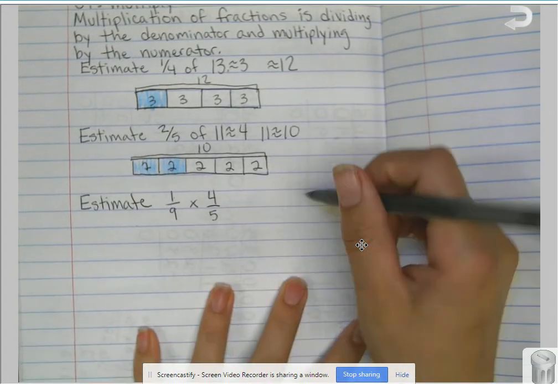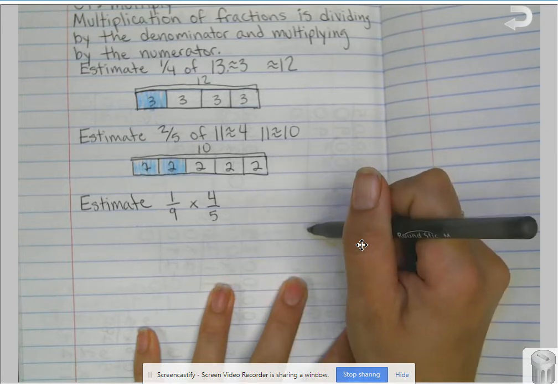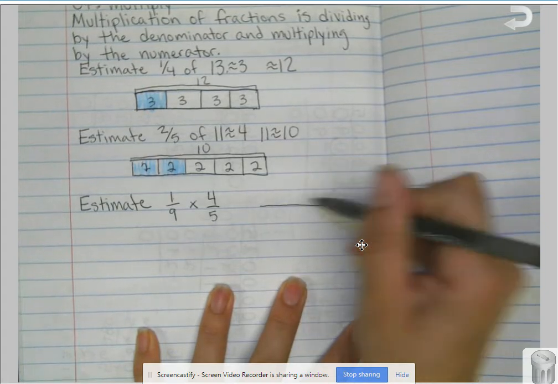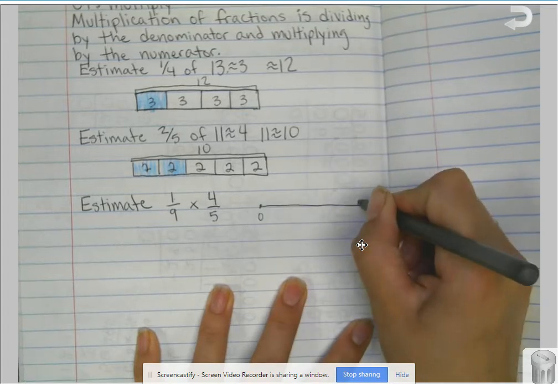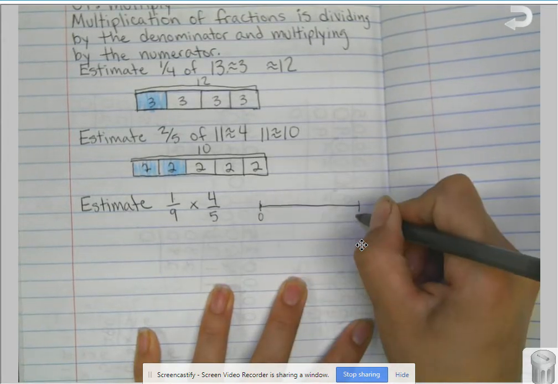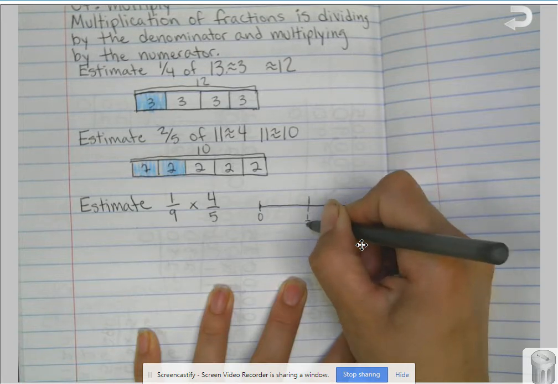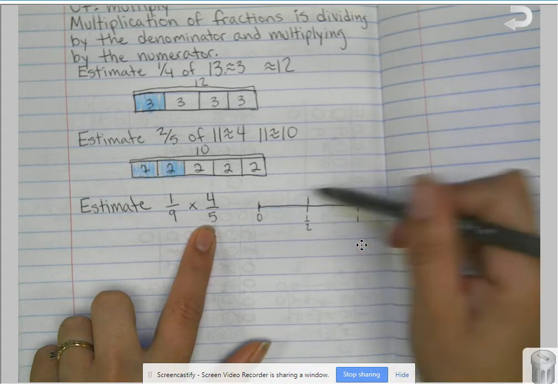Well, 4/5 is almost 1. So draw a little number line over here. We're going to have 0 right here, 1 right here, half right here. Okay, 4/5 is about right there, 4/5 of the way.